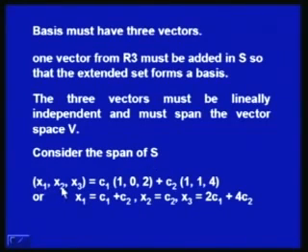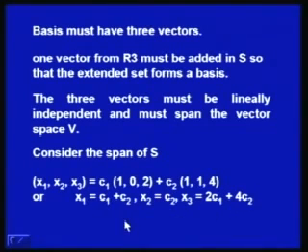So, (x1, x2, x3) is equal to C1 (1, 0, 2) plus C2 (1, 1, 4), and if we equate component-wise, then x1 is equal to c1 plus c2, x2 is equal to c2, and x3 is equal to twice c1 plus 4 times c2.